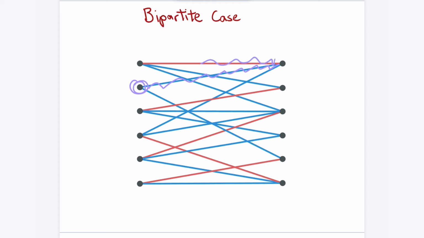Go red. Okay. Should I take the middle edge or the bottom edge? Bottom. Okay. And here I only have one choice to go from right to left. Now should I take the middle edge or the bottom edge? Okay. So that would be our augmenting path, right?